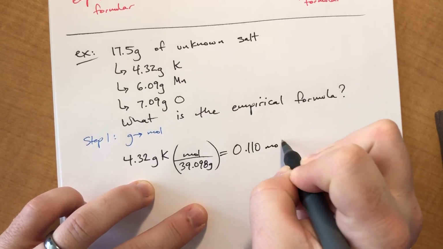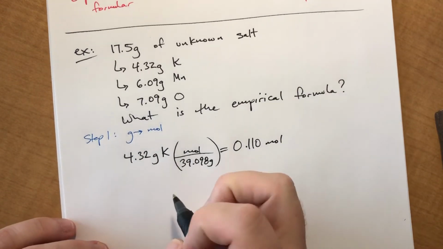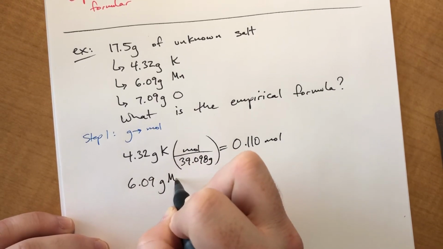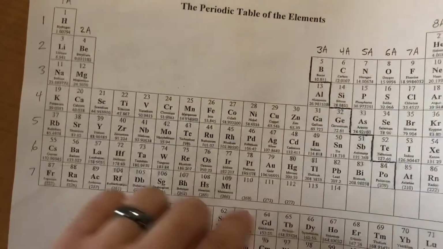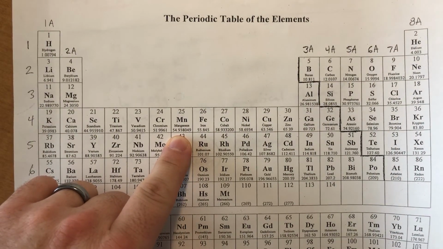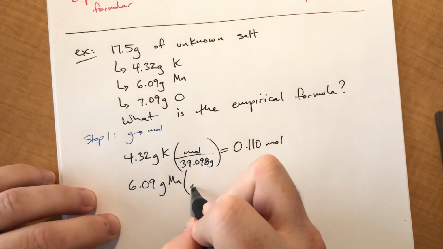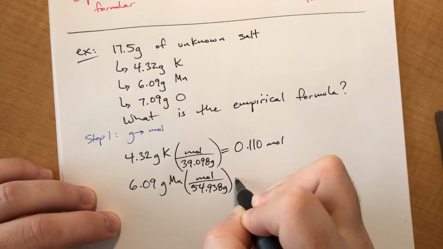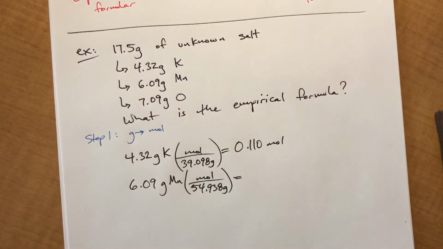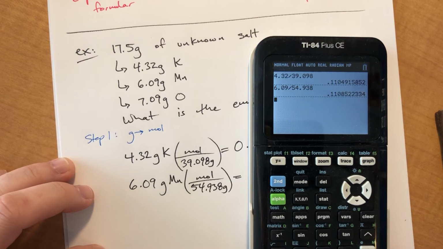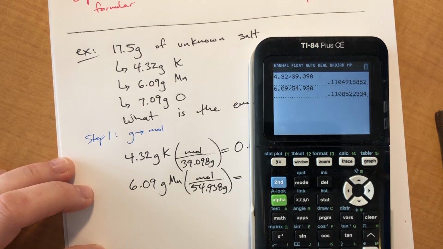We do the same thing for manganese. Manganese, the value is 54.938. We're going to take 6.09 divided by 54.938, and I got 0.111.